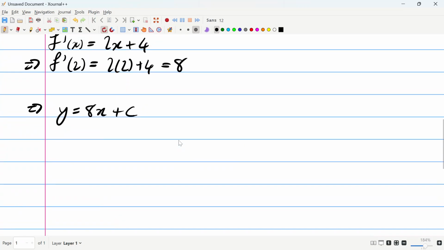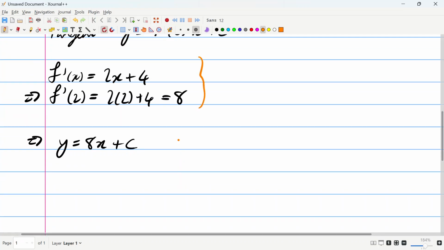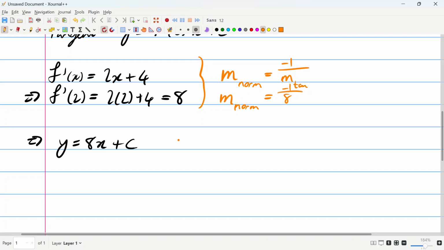Okay? So notice from here, now that we know all of this, the gradient of the normal is equal to negative 1 over the gradient of the tangent, meaning that we have negative 1 divided by 8. And that is our gradient for the normal line, okay?